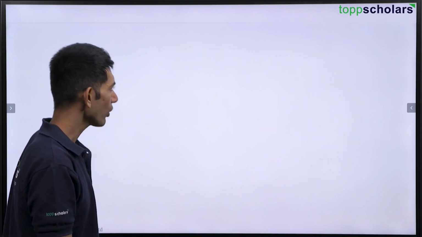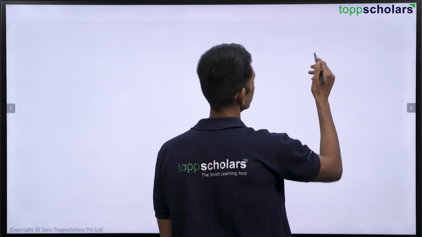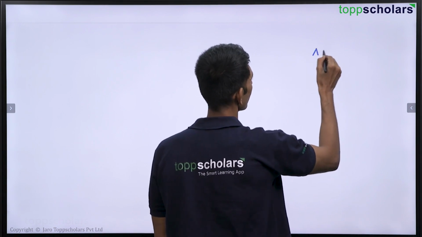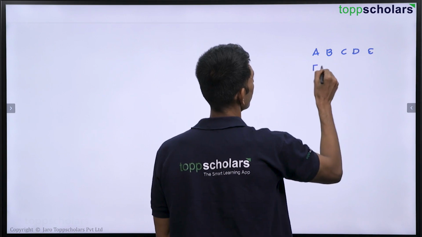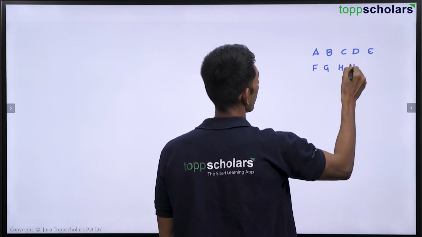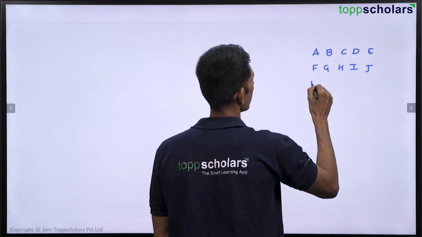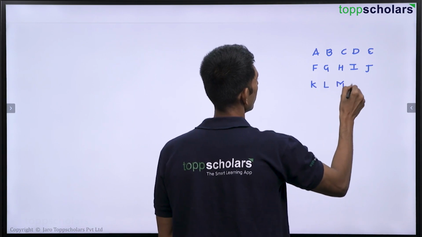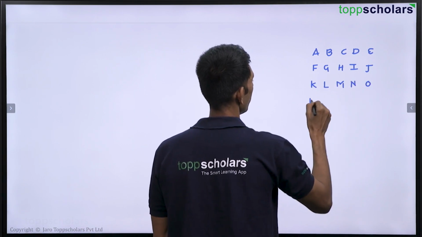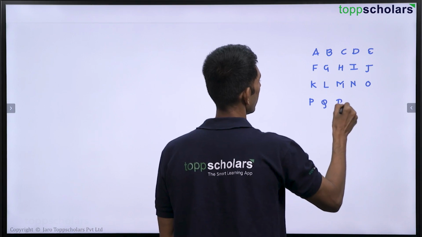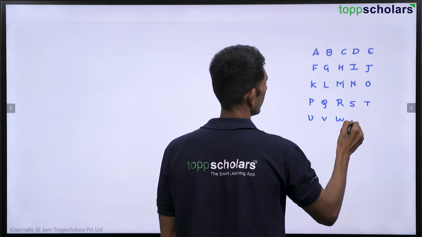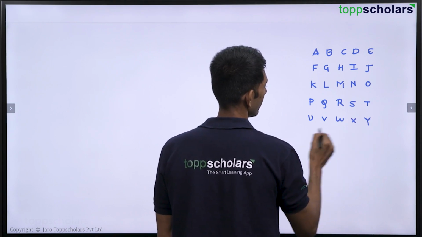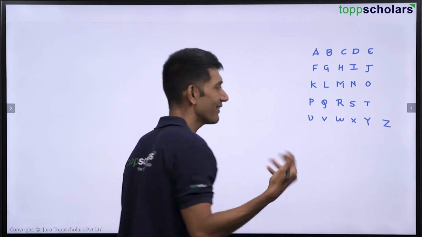Now, if I talk about the English alphabet, it starts from A, B, C, D, right? So A, B, C, D, E, F, G, H, I, J, K, L, M, N, O, P, Q, R, S, T, U, V, W, X, Y, Z. You might wonder why have I written that?